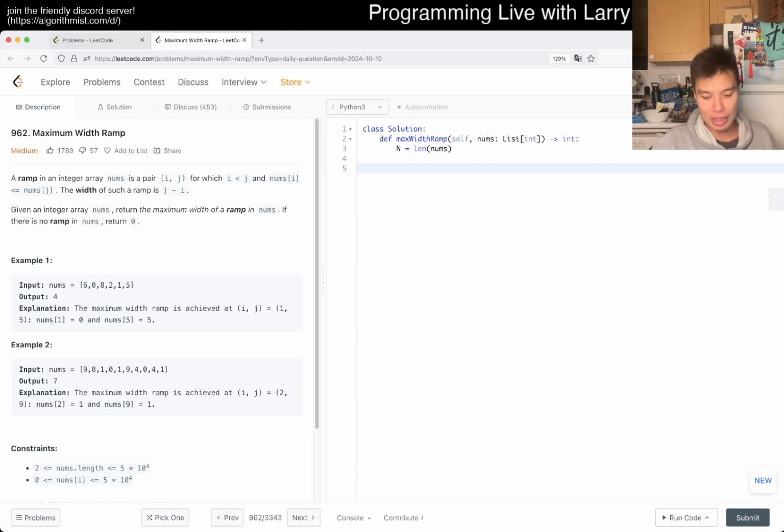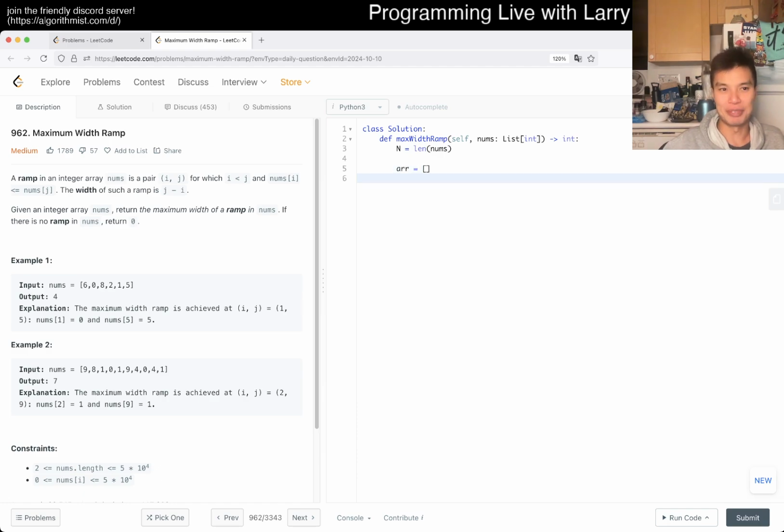Yeah. So now maybe we have best equal to 0. Are there always a with... Oh, there's no ramp, return 0. Okay, so that's good too. So now we have for x in nums, right? And there are a couple of ways you can handle the empty case.